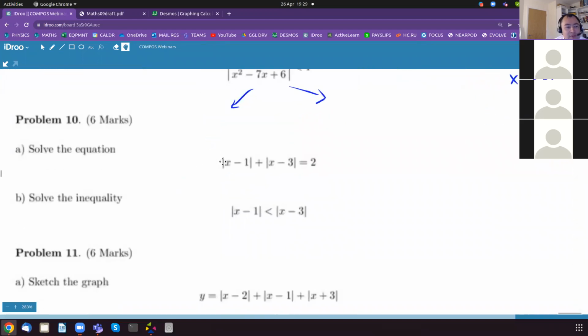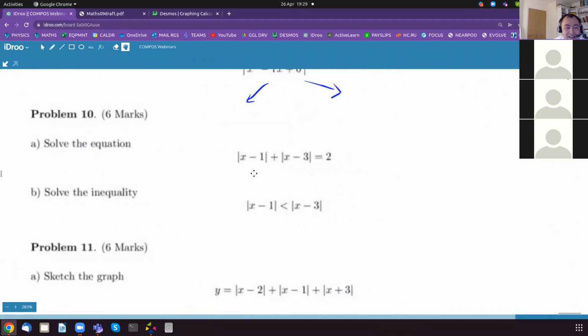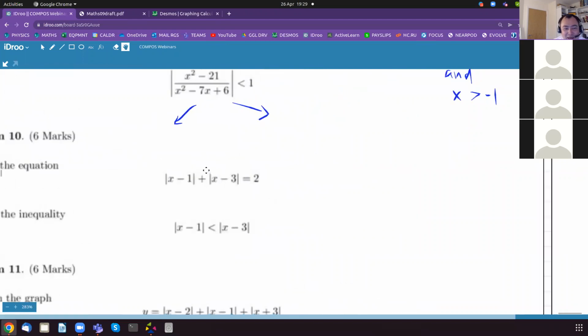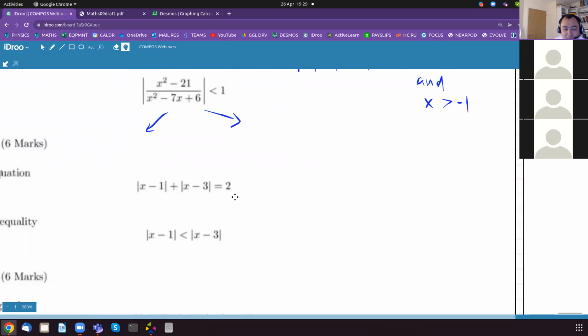This one's interesting. I myself would say, okay, there are three possibilities: positive, positive; positive, negative; and negative, negative.